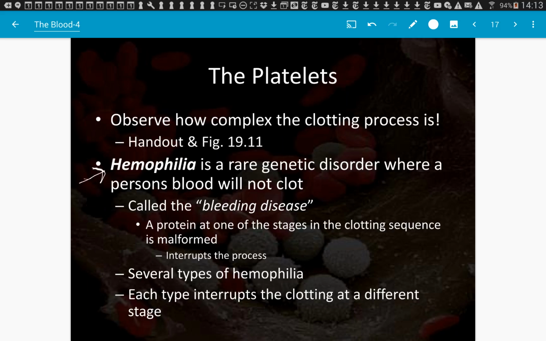And it still remains the major way to treat hemophilia. If you know the clotting factor that is not functioning properly, medicine has developed much more, and you can give that person an injection to stop that bleeding.